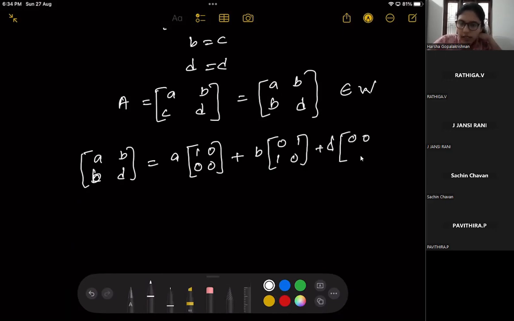So these three matrices are enough to span W.